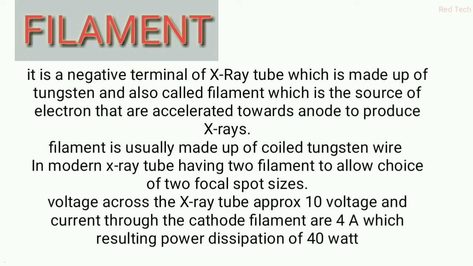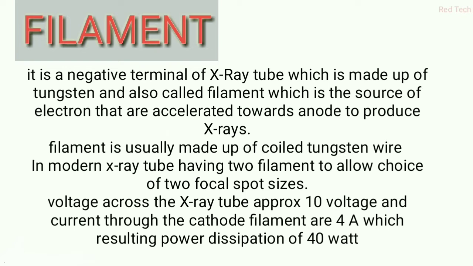We mostly use the term filament, so we should remember that tungsten is also named as filament, and it is basically the source of electrons, from where the energetic electrons are accelerated towards the anode and produce X-rays. This is basically about the filament, how it works and what the filament is made up of. Basically, tungsten is the filament.